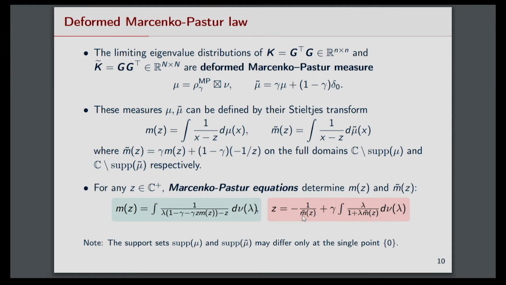The second equation is more useful, since here you can view this function as the inverse function of m tilde. So given m tilde, you can locate z. It is the inverse function for m tilde. We will use that to quantify the outlier eigenvalues.